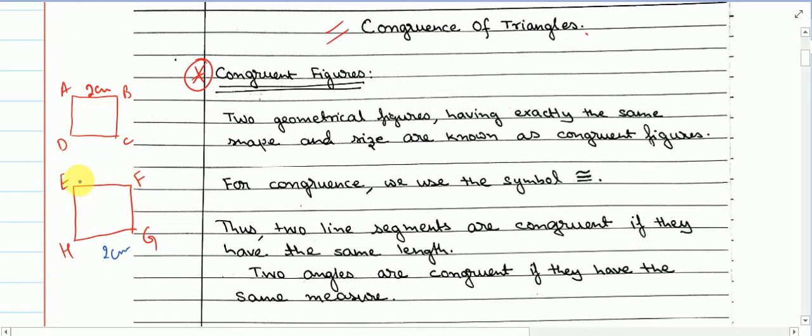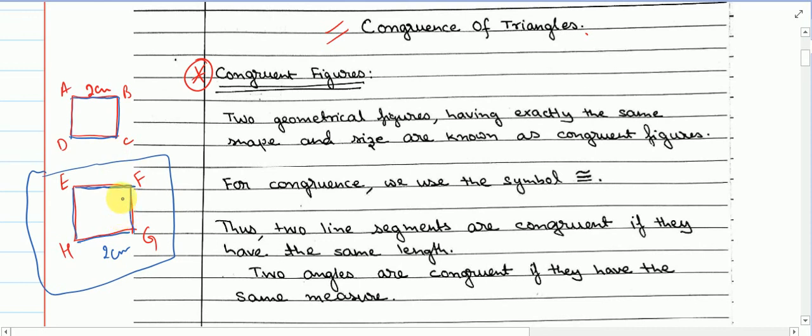If I take this square and put it on the other square, I'll find that EF will map with AB, EH will map with AD, HG will map with DC, and FG will map with BC.